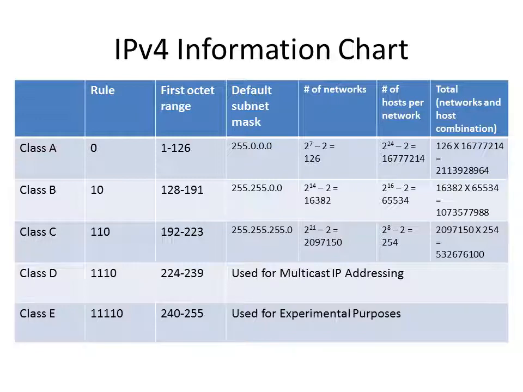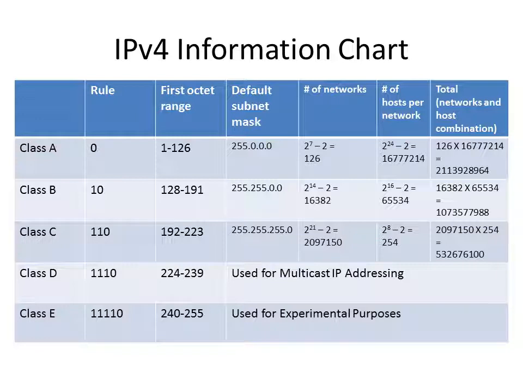The classes are defined using a binary rule, and they have a first octet range based on that binary rule. Using the default subnet mask, you can derive the number of networks, the number of hosts per network, and the total network and host combination.